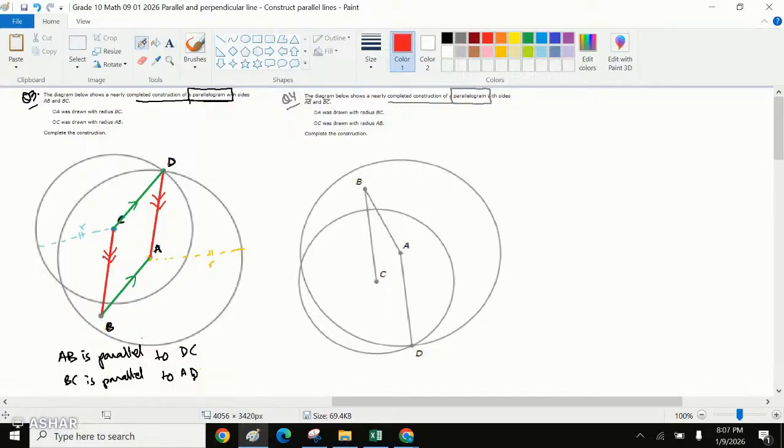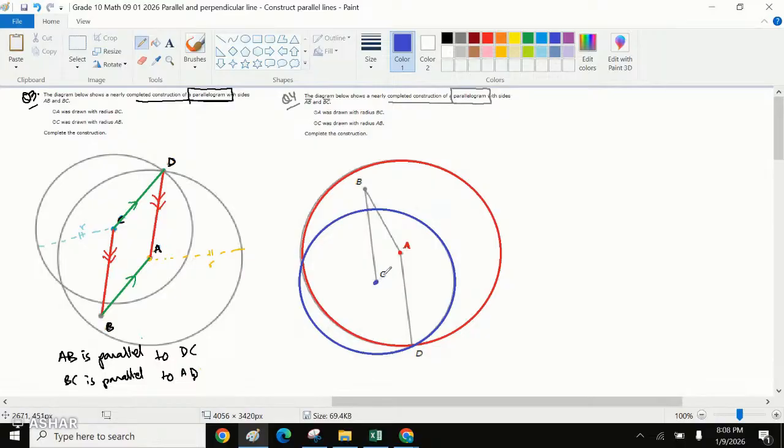Okay. A is the center of the larger circle. Okay, I can also draw the larger circle. A is the center of this circle. And let's suppose C was the center of the smaller circle. Let me just do this. Okay, this is given information to us.